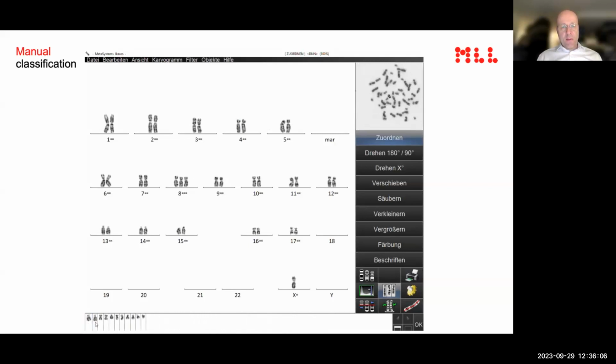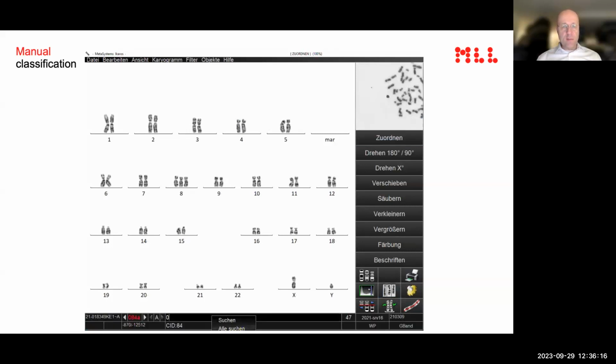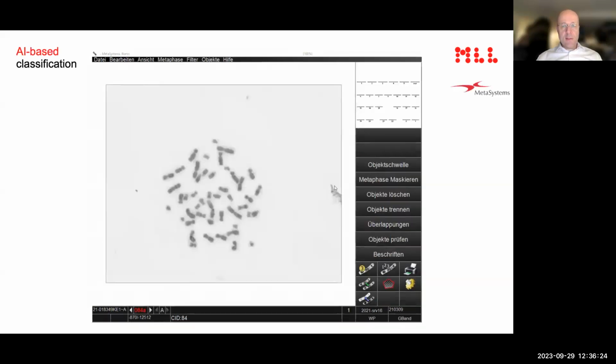This was about half of the data analysis time technicians spend on such cases. You see here a trisomy 8, of course, and you got a feeling it was done quickly, 45 seconds. Here you see what the automated system does now.